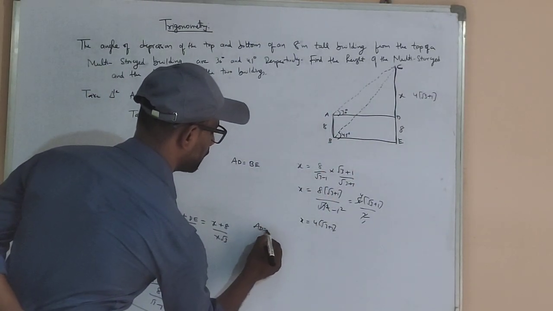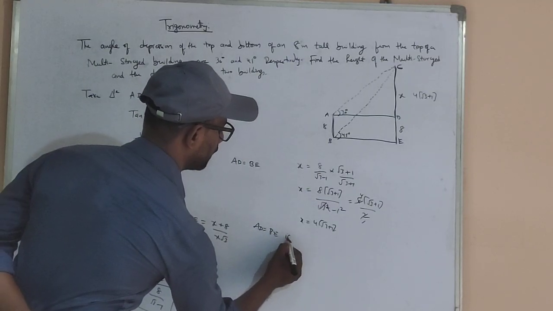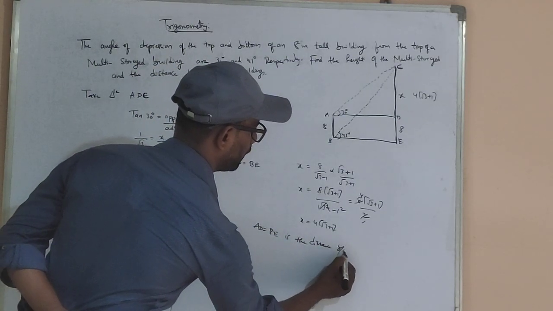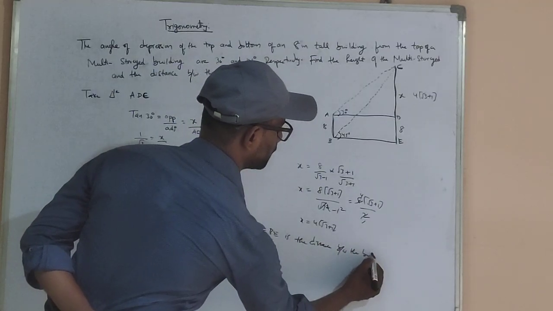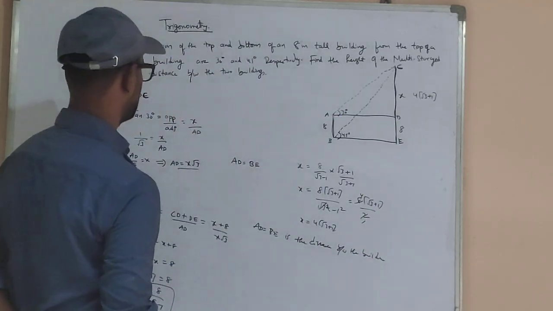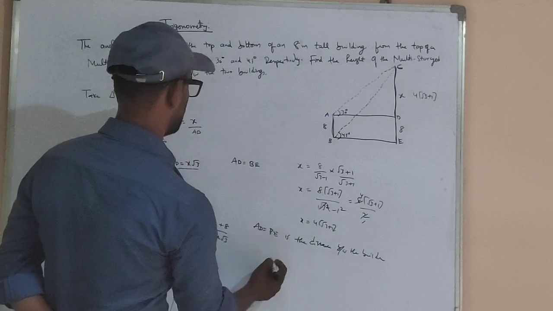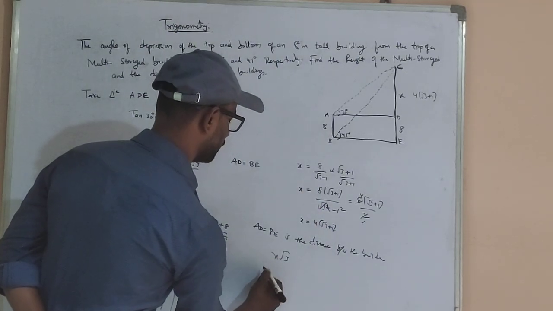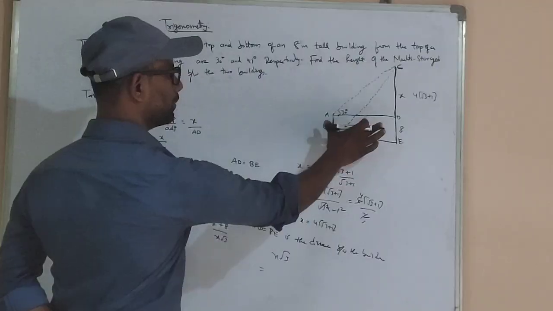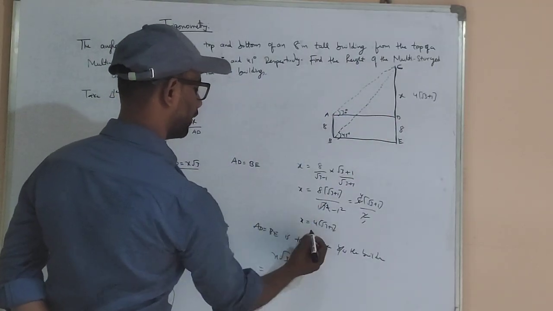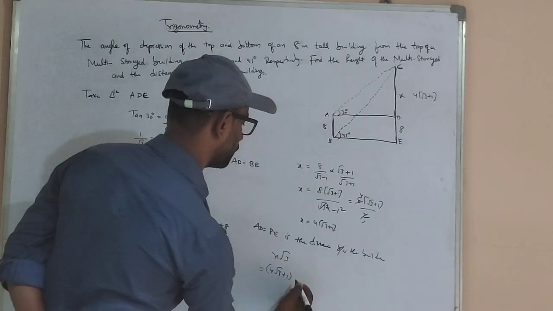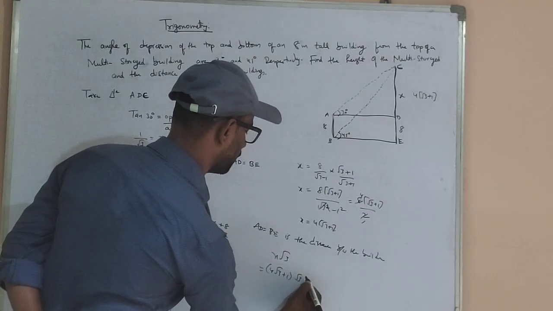So AD is equal to BE, the distance between the buildings. So x root 3 is the distance between the two buildings. So what is the value of x? 4 into root 3 plus 1, into root 3.